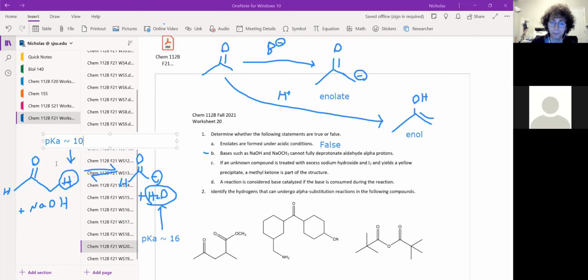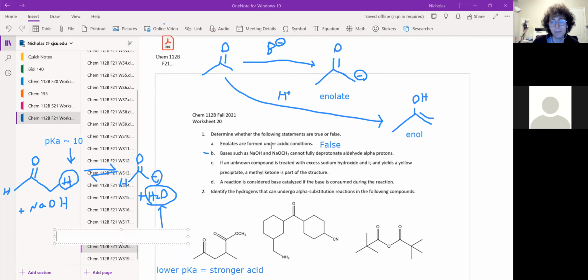And if you're not sure, something to use flashcards for, that should help with memorization, because it is kind of just memorization, but it's about 10 or 11. And a lower pKa means stronger acid.